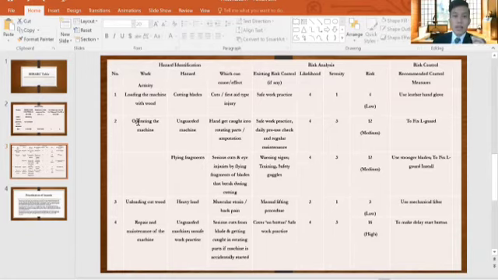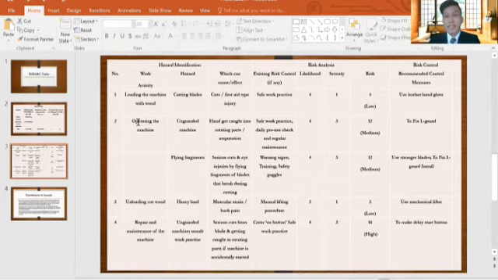So in the first table, you can see the work activity stated there is the loading of the machinery with woods on it. The hazard in this activity that has been identified would be the cutting blades, which can cause cuts or first aid type injury towards workers.